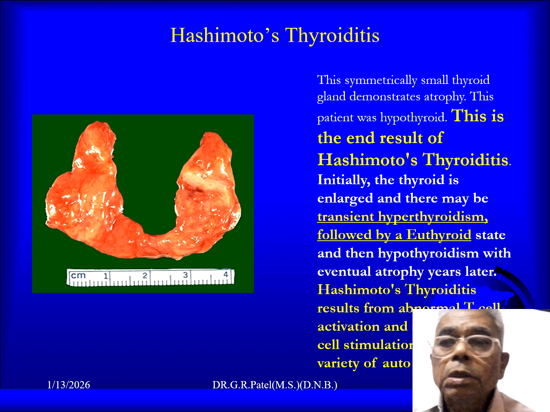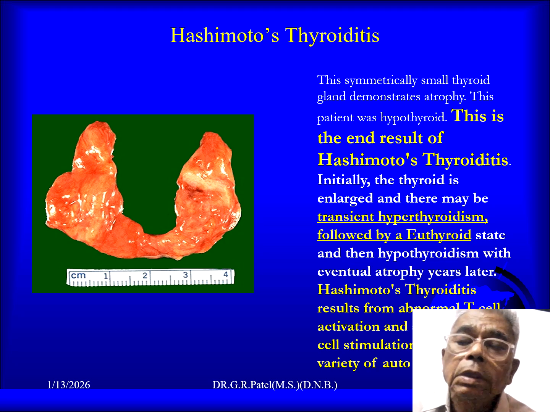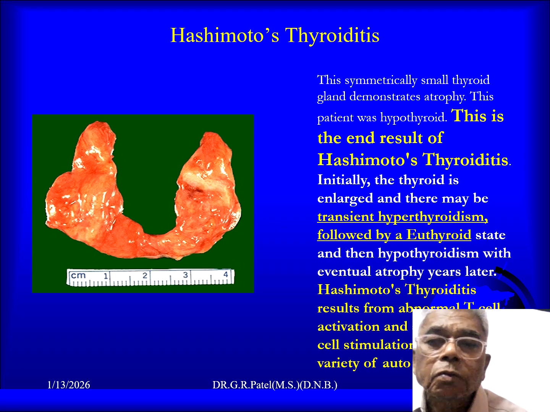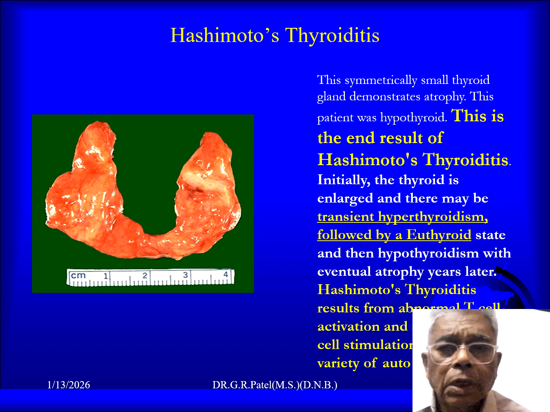Hashimoto's thyroiditis. This symmetrically small thyroid gland demonstrates atrophy. This patient was hypothyroid. This is the end result of Hashimoto's thyroiditis.